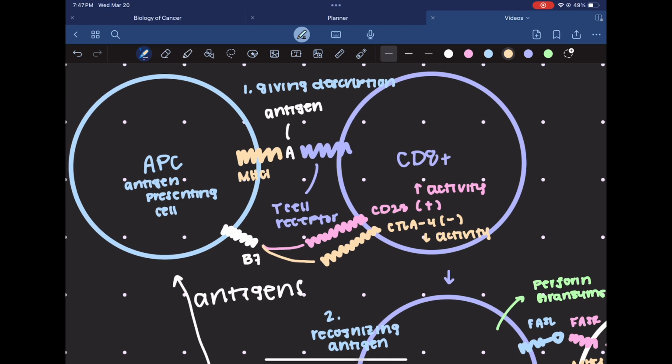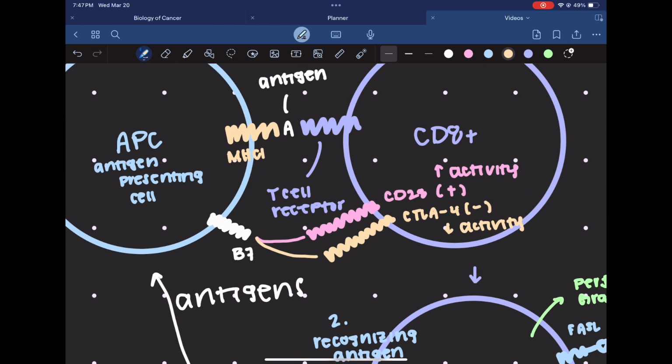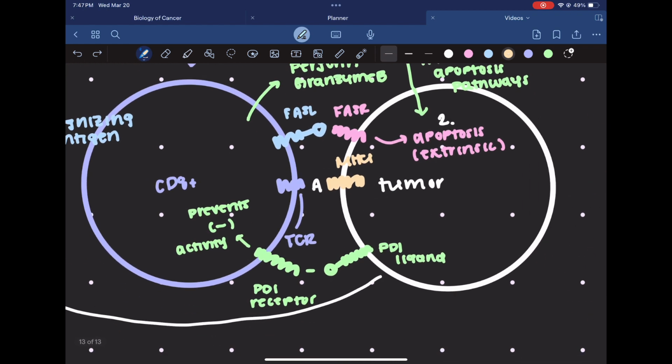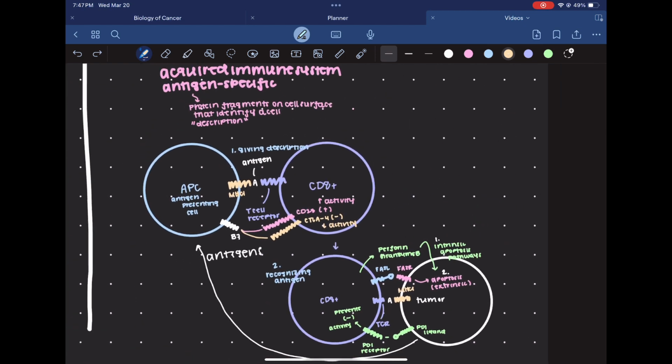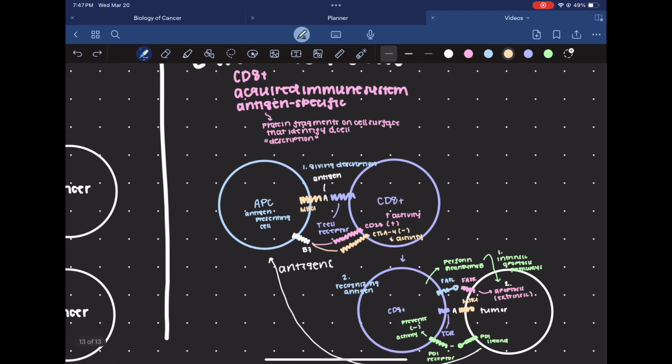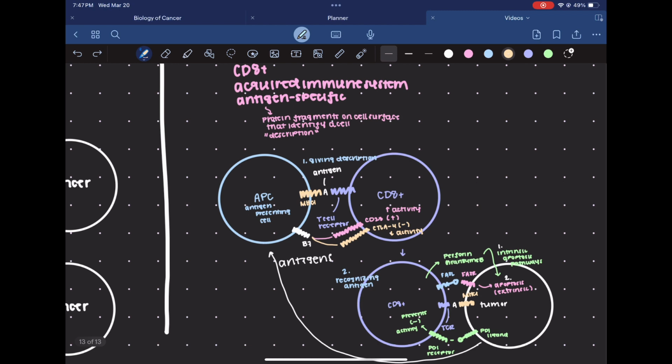So we have our B7, CD8 kind of positive stimulatory interaction, and then we have two inhibitory interactions that can happen either from the CTLA4 or if we scroll back down from this PD1 ligand. So that's kind of my overview of the CD8 plus cell, how it's going to interact with antigen presenting cells as well as tumor cells.